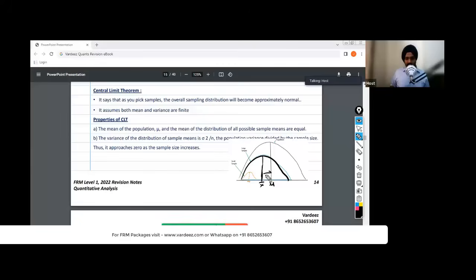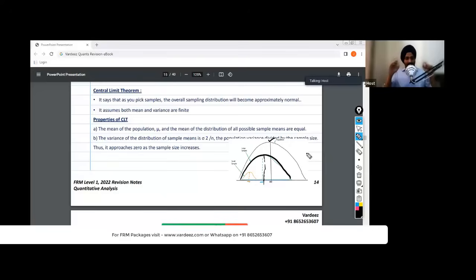See the variance, it has gone down significantly. That is the law of large numbers. It says that if you pick up large samples, the mean is going to be very close to your original population.